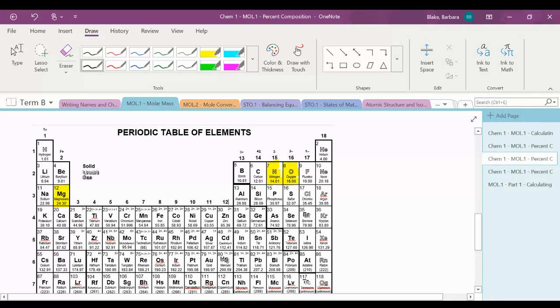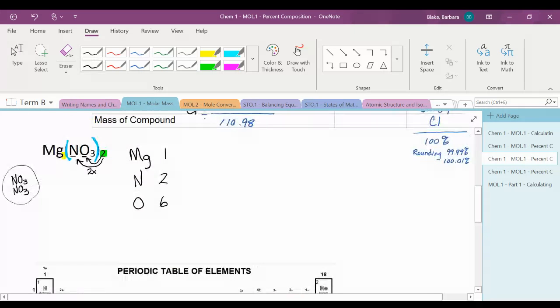The mass of magnesium is going to be 24.30. The mass of nitrogen is going to be 14.01. And the mass of oxygen is going to be 16.00. So I know this is going to be 24.30, this is going to be 14.01, and this is going to be 16.00.